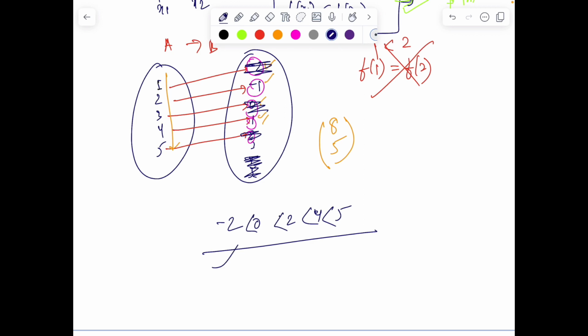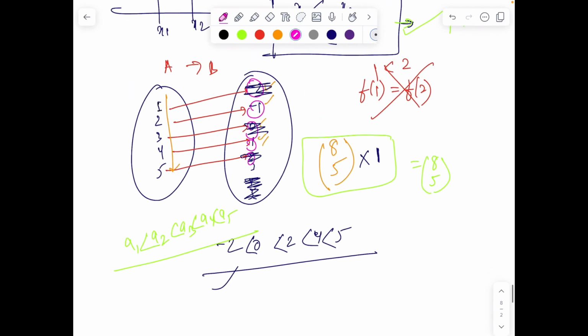So there is only one way to arrange them, right? Because one will be maximum, another will be second maximum, the third will be third maximum, then 0 and minus 2. So once you have selected, how many ways are there to arrange? Only one way. Okay, you don't have a choice, because for any 5 elements selected in the output set, you can't have any other arrangement in increasing order. So the answer to this problem is very simple, it's 8C5.